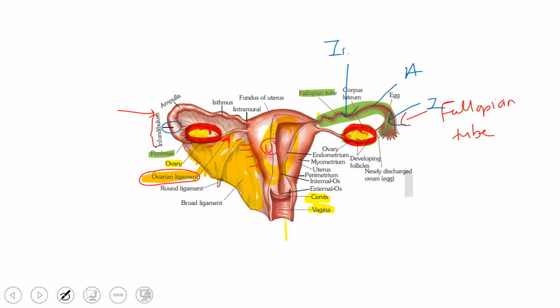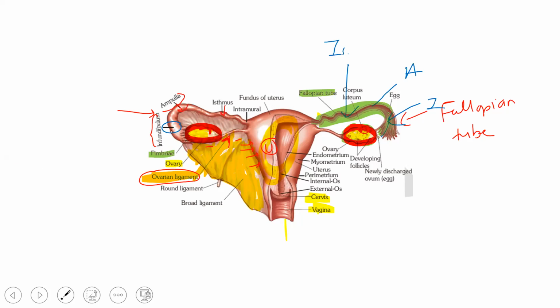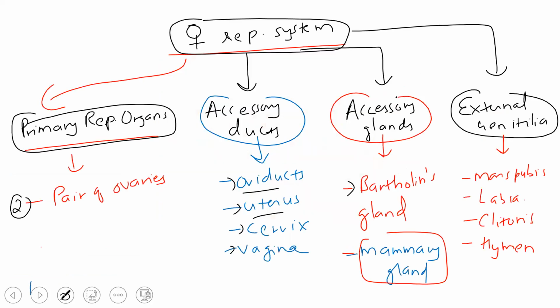See my pointer: this is infundibulum, this is ampulla, this is isthmus. You also get a better idea over here. This is infundibulum, this is ampulla, and this entire part is isthmus. So, are you clear with these three parts, guys?